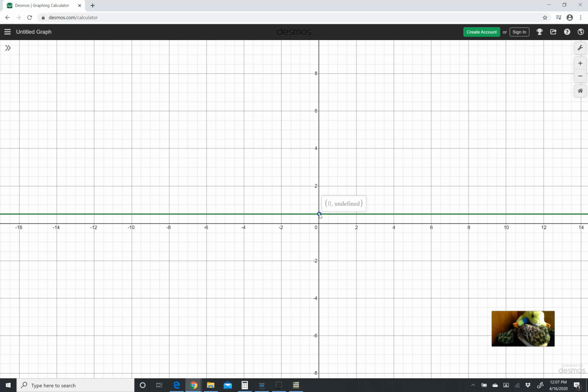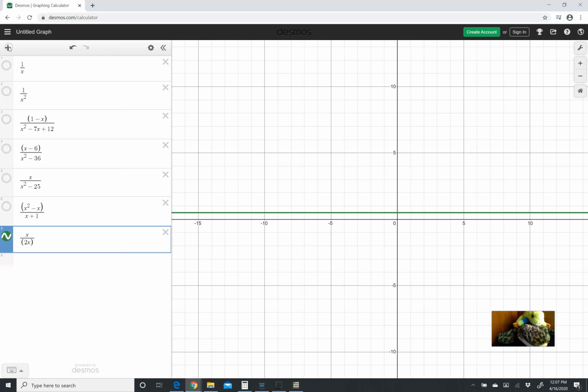And at x equals 0, it would be an undefined fraction. Notice it's not a vertical asymptote, it's a hole because the x's cancel. Okay, so when the x's cancel, we get a hole, and we have a horizontal asymptote at 1/2. Let's take another example.